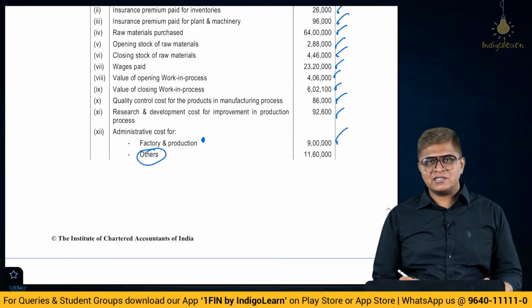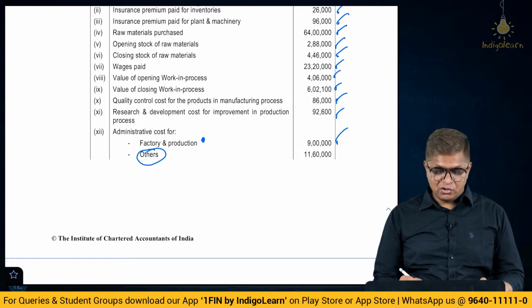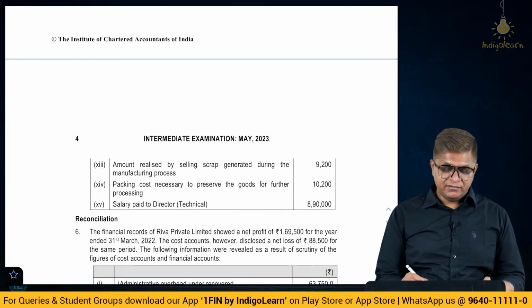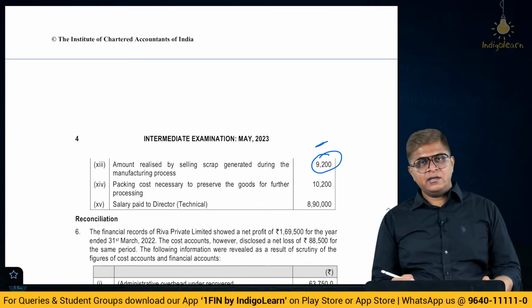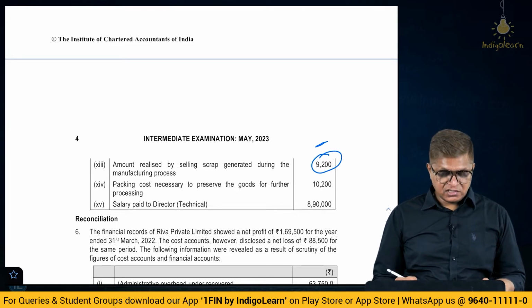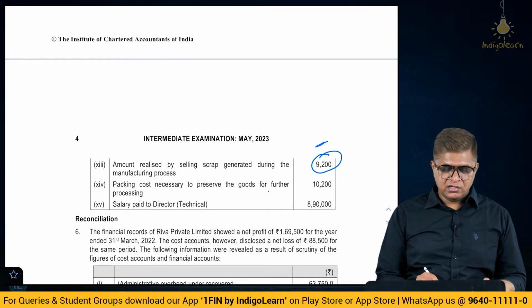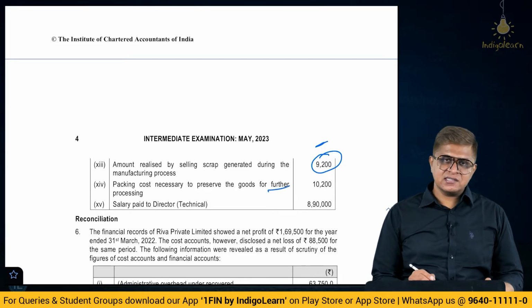It will go to administrative, sales and distribution cost. Amount realized by selling scrap generated during the manufacturing process. So whatever inflow we have, this we are going to deduct from the total cost. Packaging cost necessary to preserve the goods for further processing. So this is not secondary packaging, this is primary packaging.